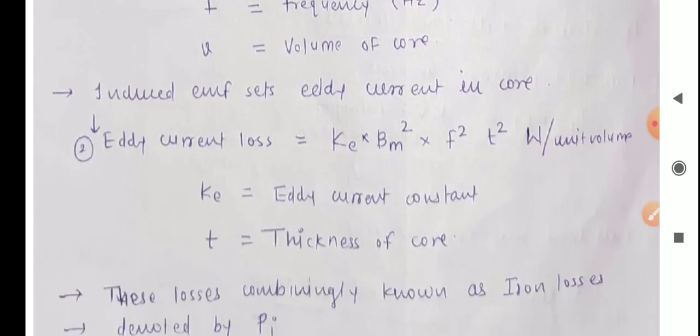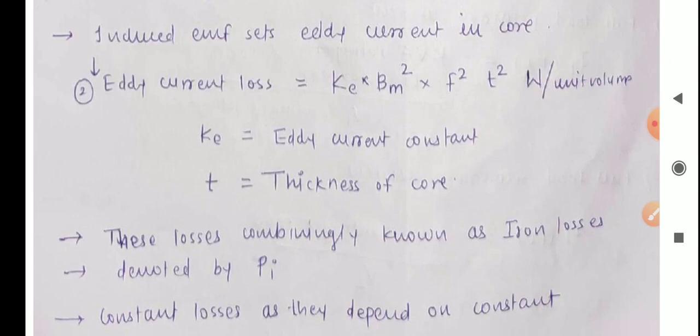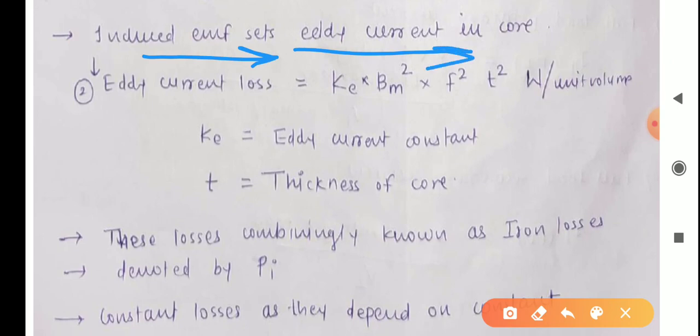Now again, when we are talking about EMF getting induced in the core, this EMF produces eddy currents in the core. Eddy currents are a type of current produced because of the continuous magnetization and the EMF induction in the core. This eddy current produces a second type of core loss, that is eddy current loss, and this is given by the simple formula Ke multiplied by Bm square multiplied by F square multiplied by T square.